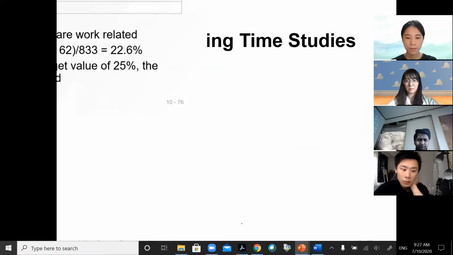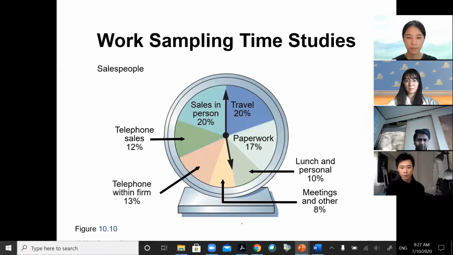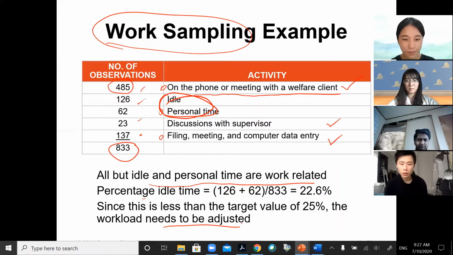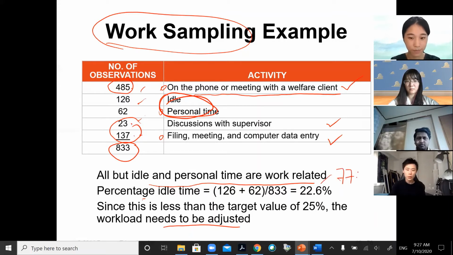If you want to calculate further, you can also say the amount of time that he's actually working is 77.4%.